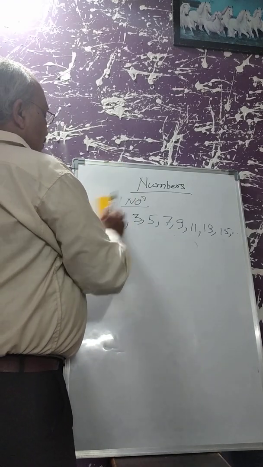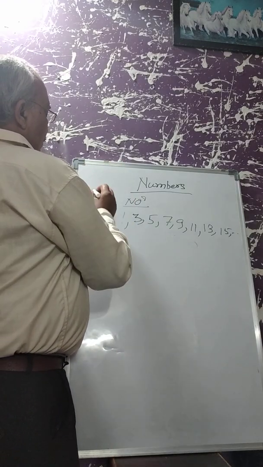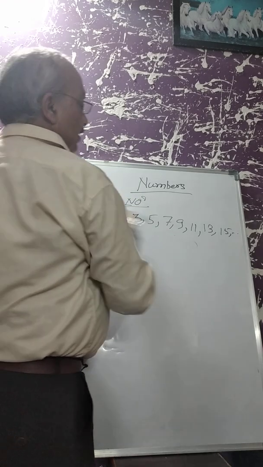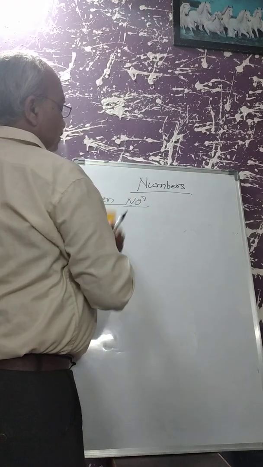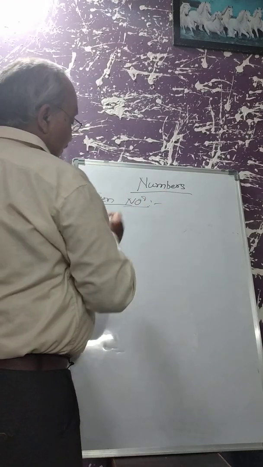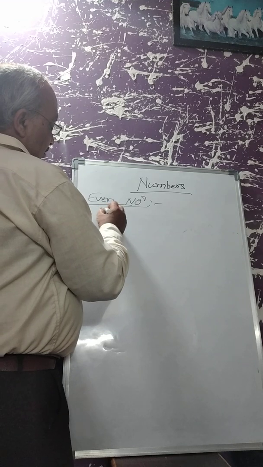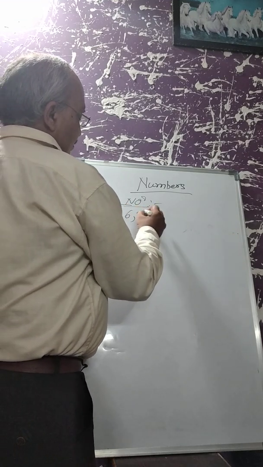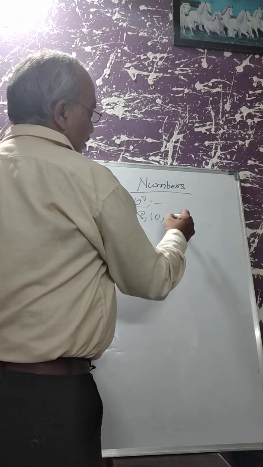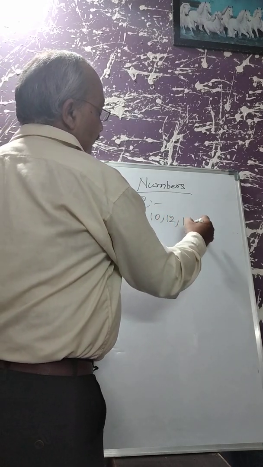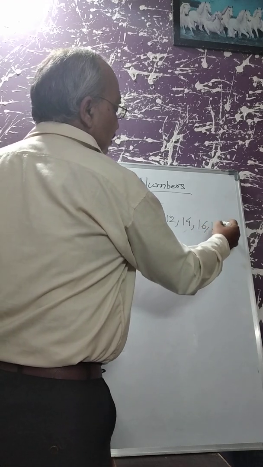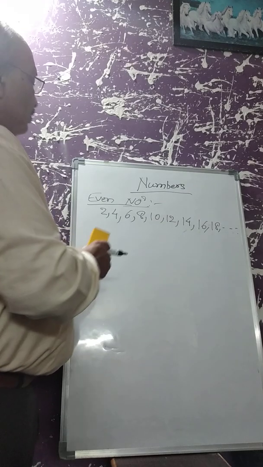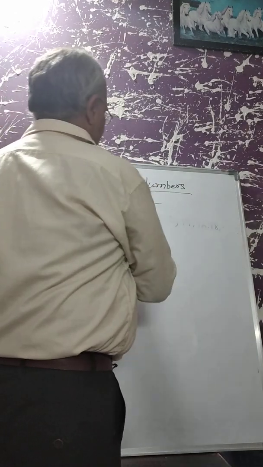And even numbers are those numbers which can be divided by 2, like 2, 4, 6, 8, 10, 12, 14, 16, 18, and so on. Okay, I hope you must be knowing that.